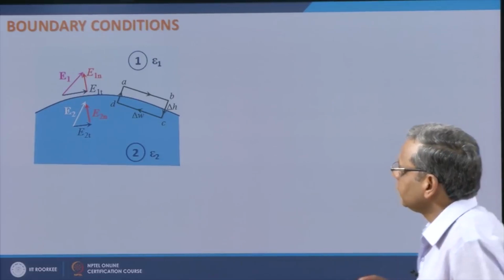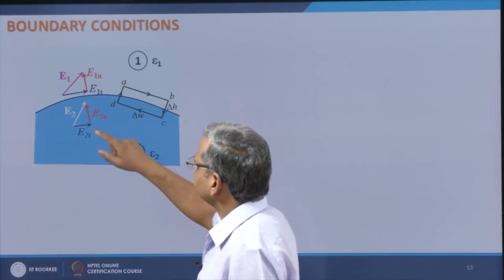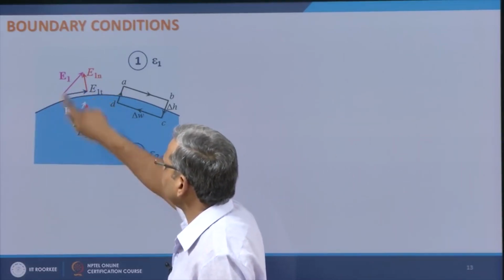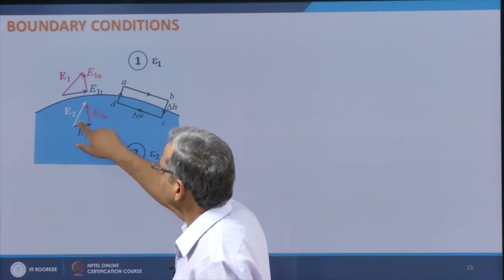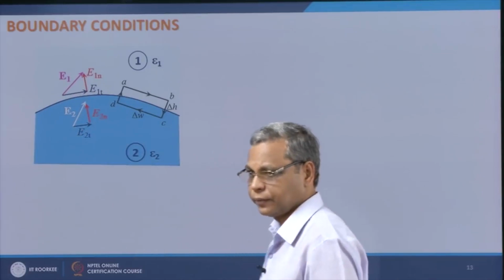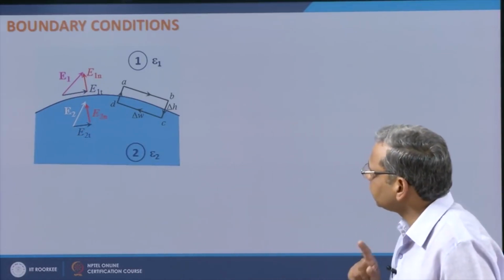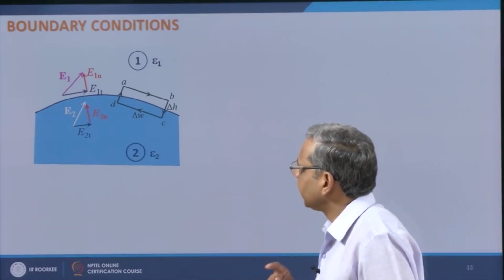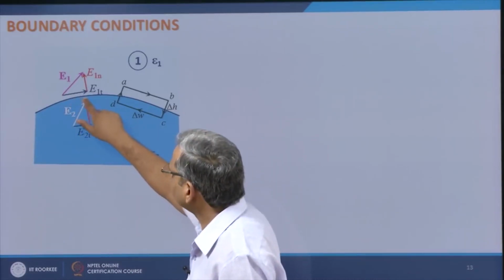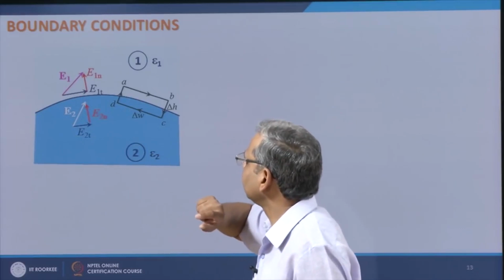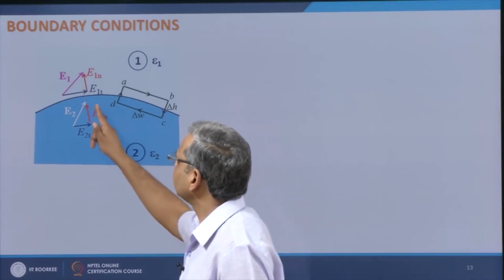So, if I consider that the electric field here is E1, let us say in this direction, and the electric field is E2, let us say in this direction, then these fields I can always break into two components. One is tangential to this surface interface, and one is normal to this.